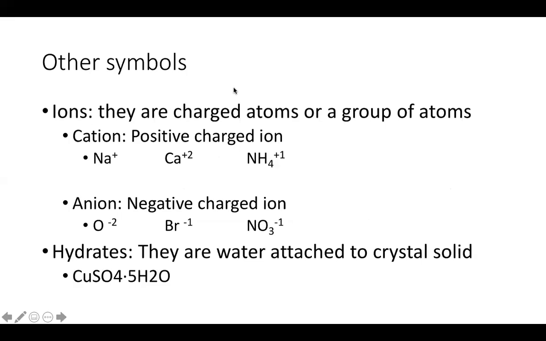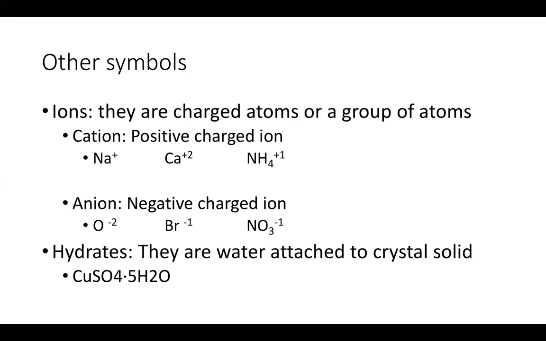All right, other chemical symbols such as ions, right? We have already talked about ions. So you have cation versus anion. Remember what I said: cation is positive because the t looks like a plus sign. Anion is negative, a negative ion. The next case is hydrate.